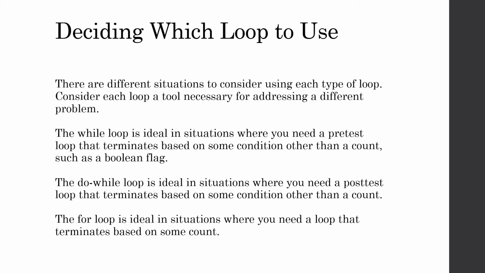That also includes situations where you might ask the user to provide a value that determines how many times you're going to step through that loop. Even in situations like that, because of the conciseness of the for loop with the initialization, test, and update expressions, any situation where you know how many items you're working with, the for loop is going to be preferred over the while or DoWhile loop.